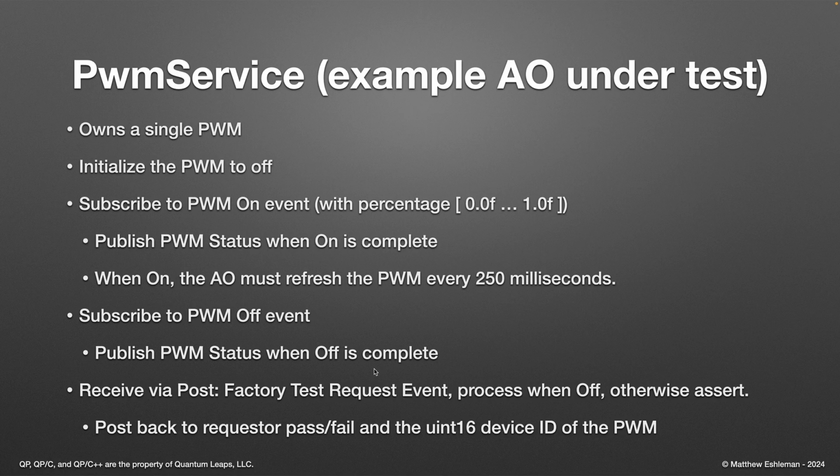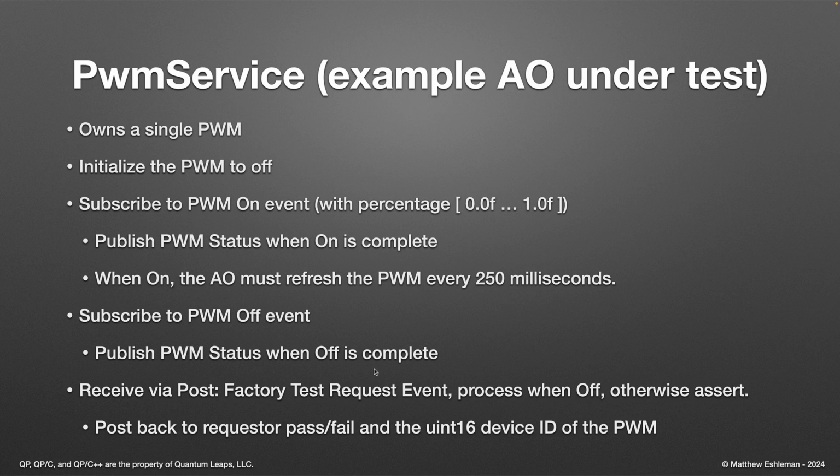Okay, so our example for today is going to be a PWM service, and that's going to be our example active object under test. And we have the following requirements. It owns a single PWM, and I know that's not totally realistic, but that's an example to show what the library does for you today.